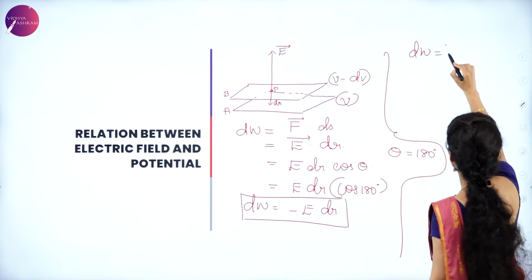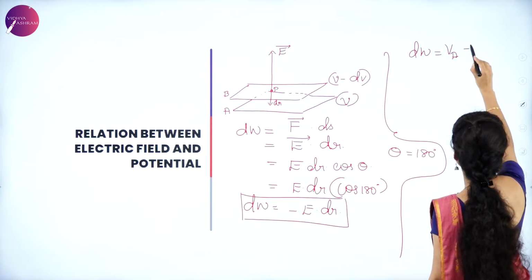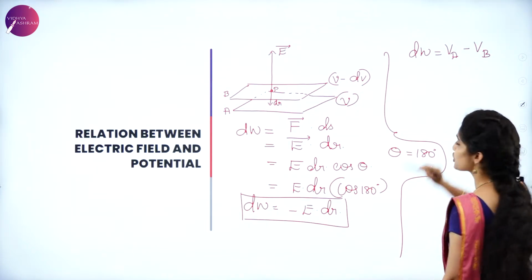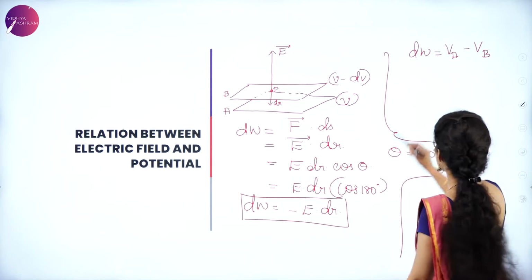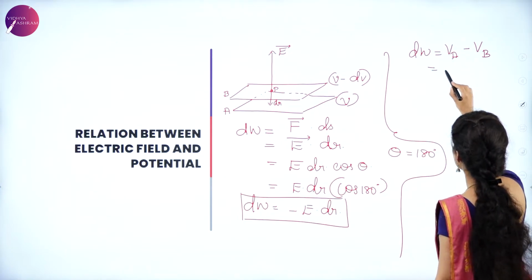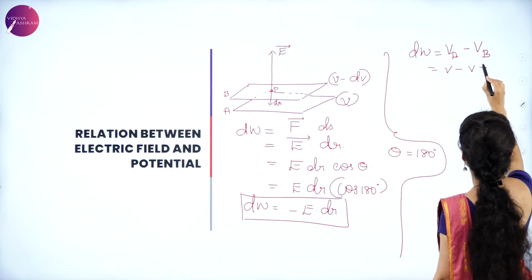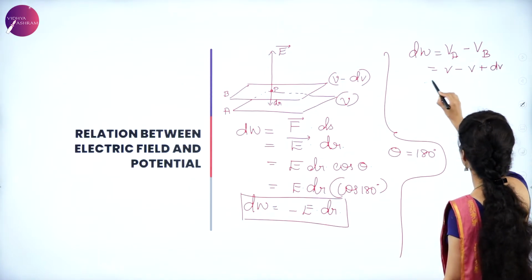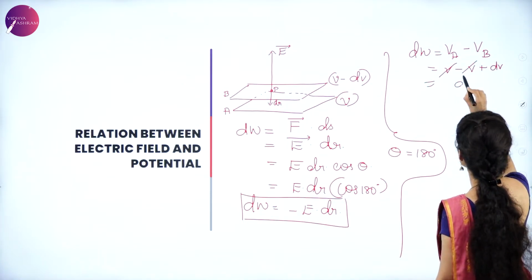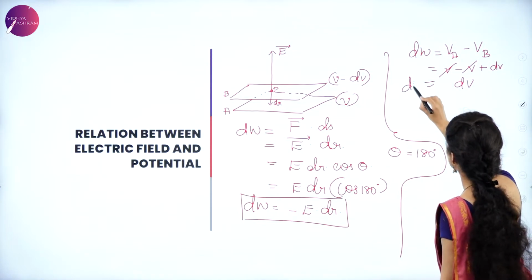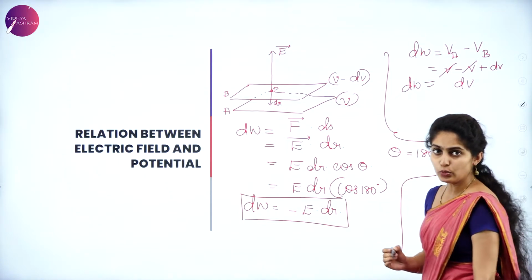Which are those? That is potential at plate B. You will have to subtract with the potential at the plate B. So how do you give this? It is V minus V plus dV. On solving, V and V cancel, dV remains. So dW will be equal to dV.